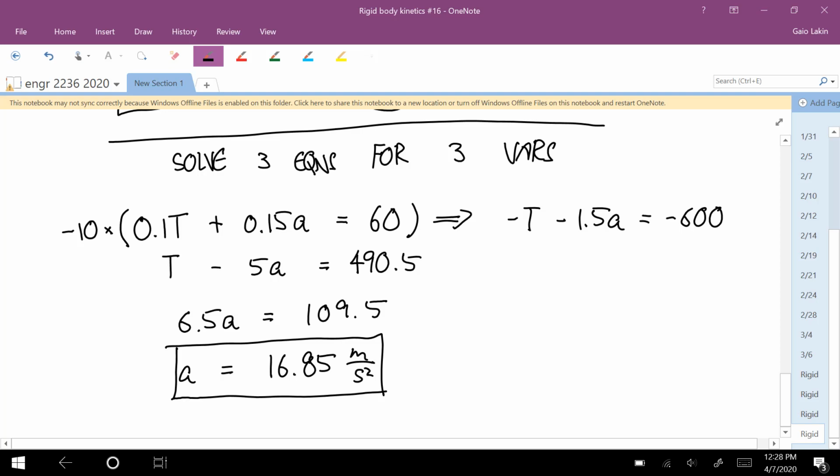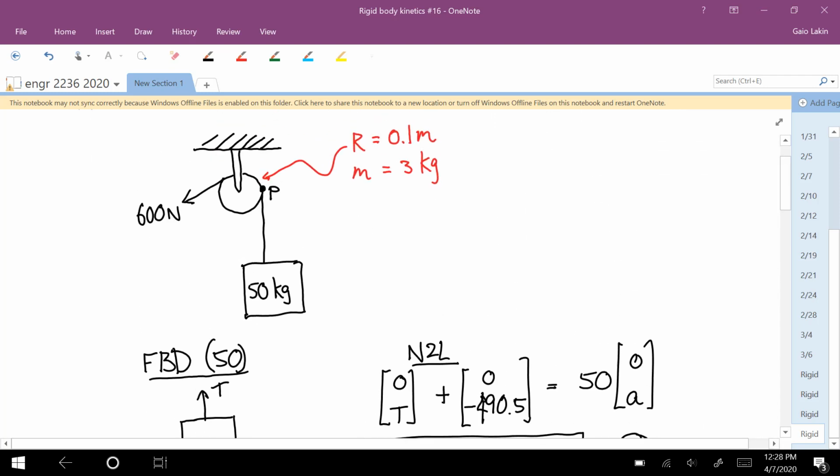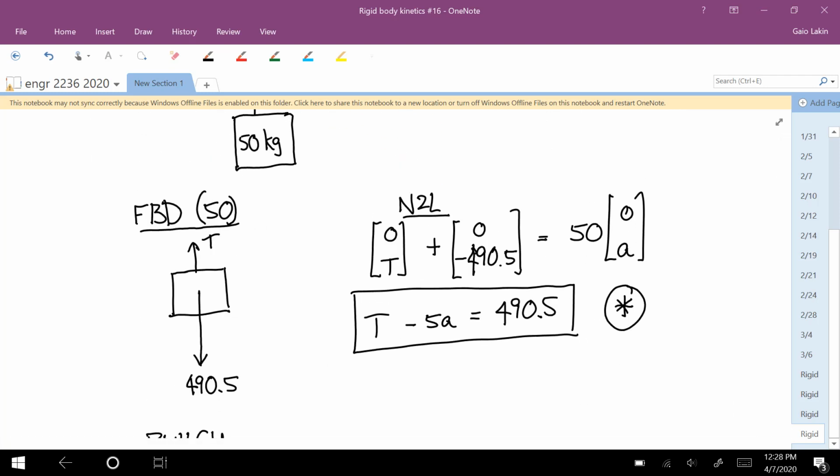Okay, how does that compare to what we would have gotten for part A? Well, for part A, we would have just done it as a particle problem, and we would have known that T was equal to 600. And so we would have had 109.5 divided by 5, we would have gotten 21.9.